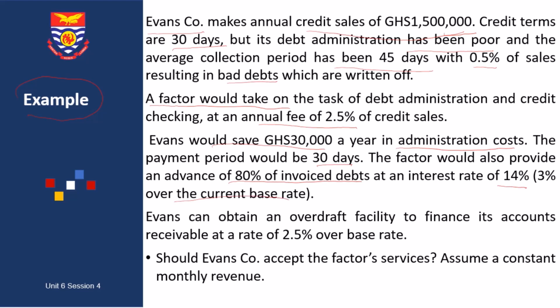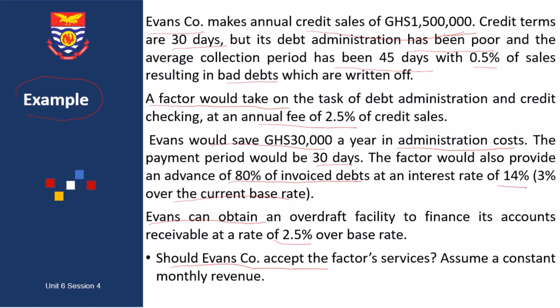So because they are giving you 80% advance, though he has not collected the debt, he's giving you an advance payment at an interest rate. So Evans can obtain an overdraft facility to finance its accounts receivables at the rate of 2.5% over base rate. So should Evans Company Limited accept the factor service, we have to assume a constant monthly revenue.